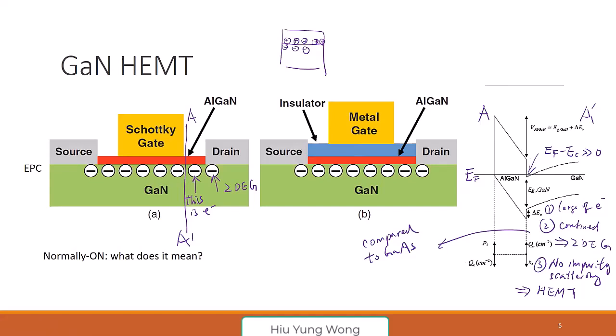Professor, in HEMTs, how are the electrons traveling? Okay. For example, I put 0 volt here, 5 volt here. Then the electron will travel from here to here. This is the cross section.